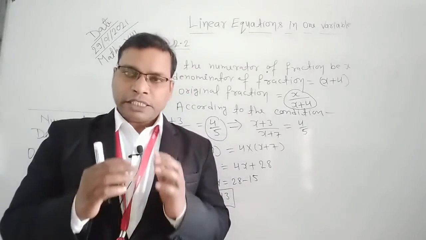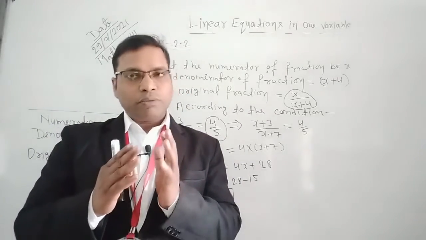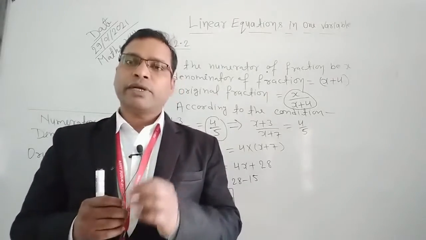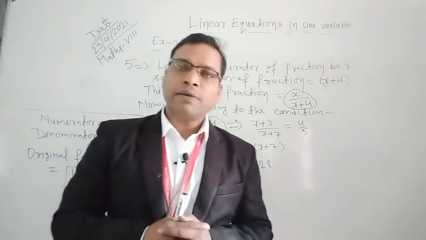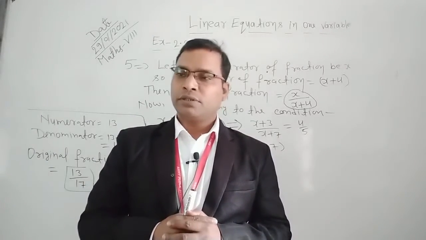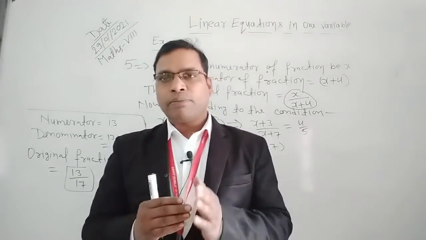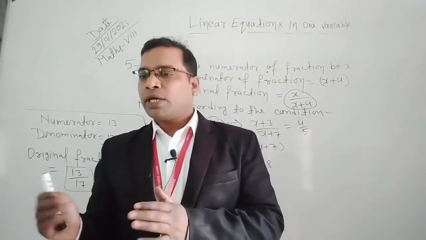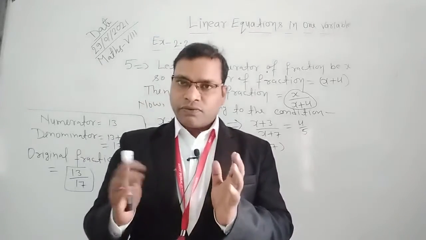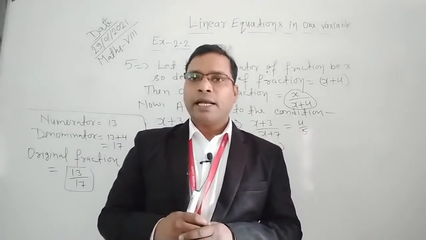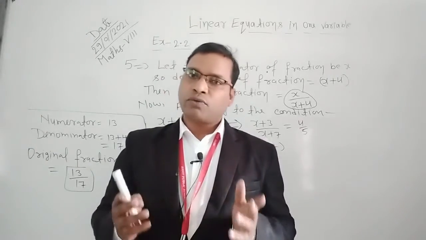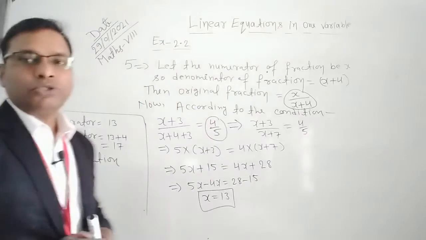So what is proportion? You know very well. If you know proportion, then you can solve this question. Obviously, if two ratios are equal, then they are in proportion. So the ratio of the first two numbers and the ratio of the last two numbers are equal. In this way we find the value of x, and after putting the value of x, you find the required result. So let's see how to solve this question.